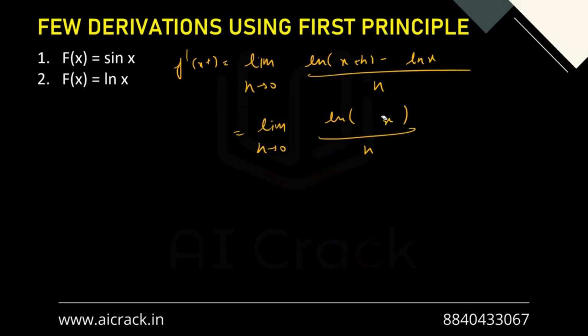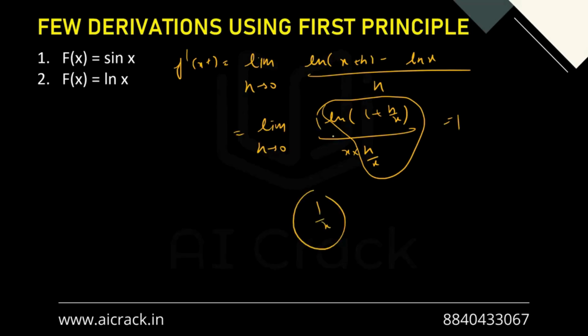Now this can be written as 1 plus h by x, right? Now this again looks like a standard limit. So what we'll be doing, we'll be multiplying and dividing by x to create the perfect standard limit, right? So this limit actually becomes 1. So our final outcome becomes 1 by x. So the derivative of ln x is 1 by x.